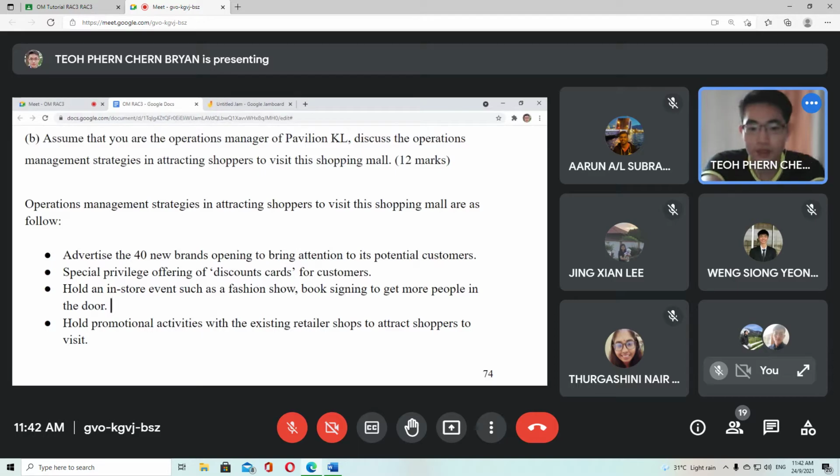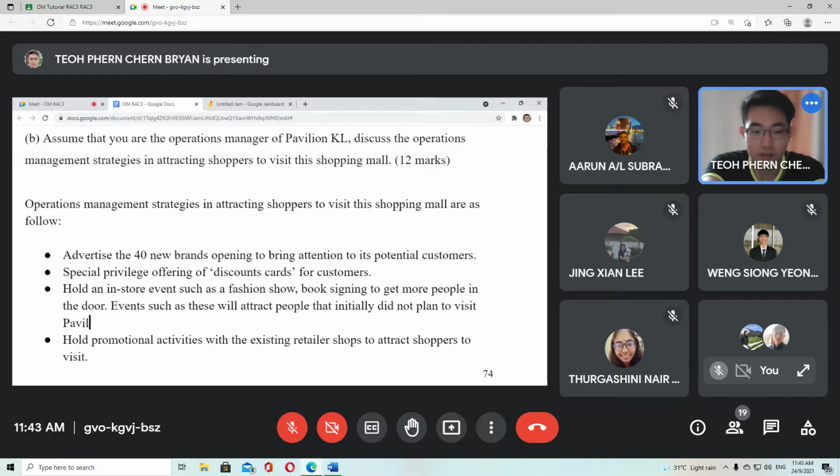Events such as these will attract people that initially did not plan to visit Pavilion, which may lead to spending within the mall.